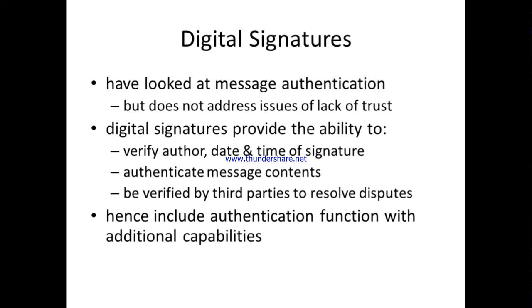The trust is needed. So for that we have digital signatures to provide the verification of the author, that is who is the sender, the date and time, authentication of the message, and also it can be verified by third parties if you have any disputes. So for this, digital signatures are introduced.